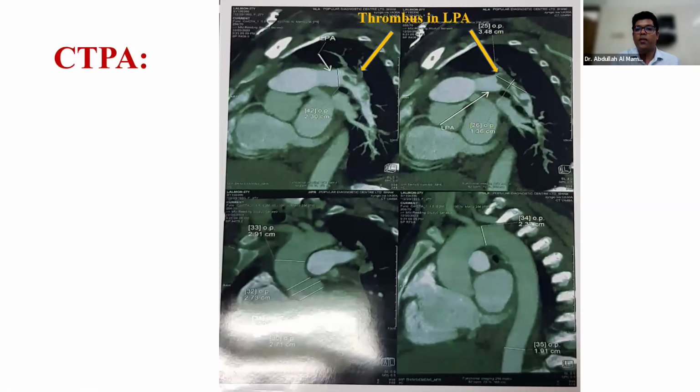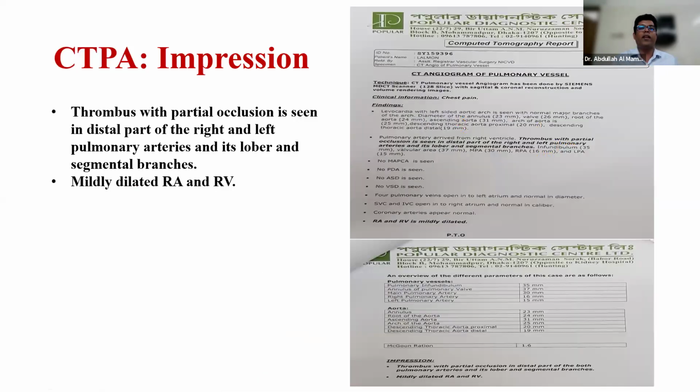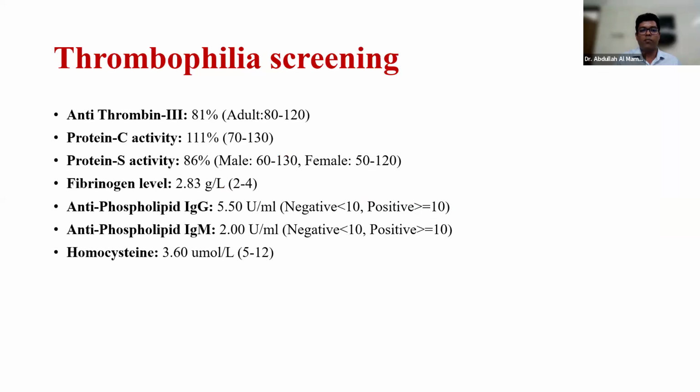This slide also shows the hypodensity area in the lumen of the left pulmonary artery. So the final CTPA impression was thrombus partially occluding both the right and left pulmonary arteries, and the RV also dilated. So the diagnosis was confirmed by the CTPA.